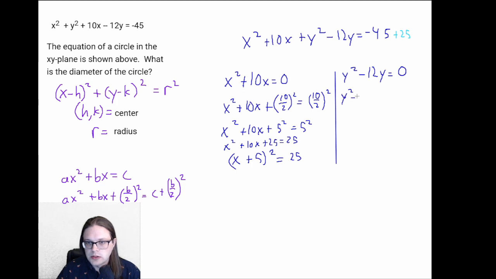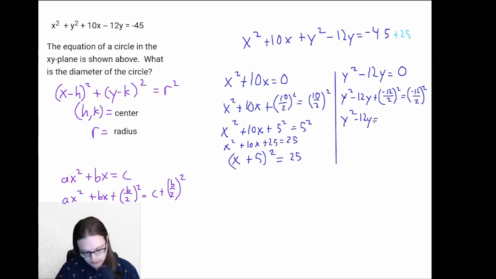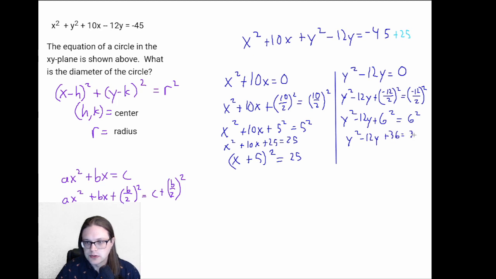So y squared minus 12y plus negative 12 over 2 quantity squared equals negative 12 over 2 quantity squared. Completed the square. Now let's simplify. y squared minus 12y plus 6 squared equals 6 squared. y squared minus 12y plus 36 equals 36.